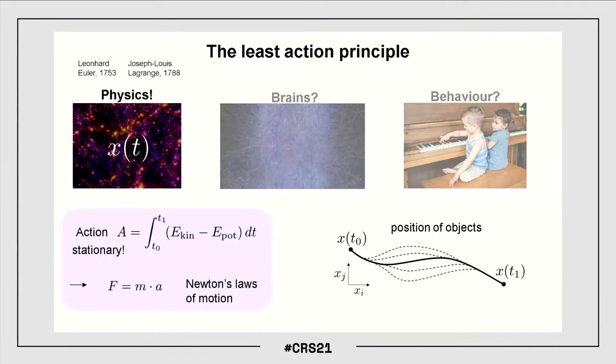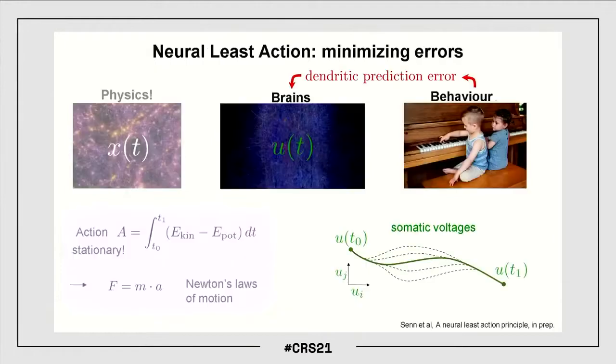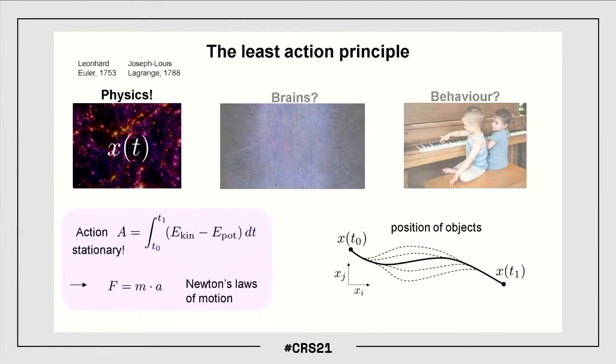So there you have this action first that is defined as an energy difference between kinetic and potential energy. And you define the trajectory in high-dimensional space that codes the position of all those stars, for instance.